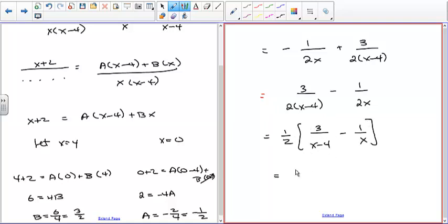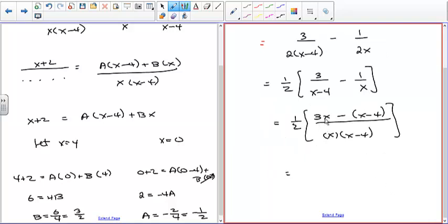Okay, now let's cross multiply. So there, what happens is you have 3x minus x minus 4, all divided by x times x minus 4. And we have 3x minus 1x, so we get 2x, and then negative and negative, so it's 2x plus 4 over x times x minus 4.